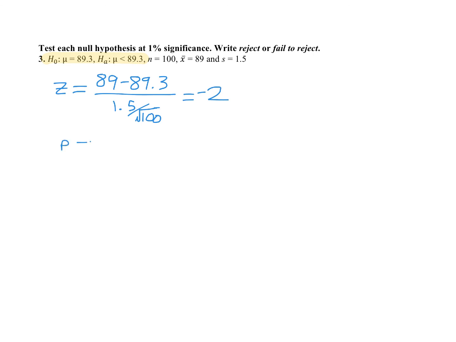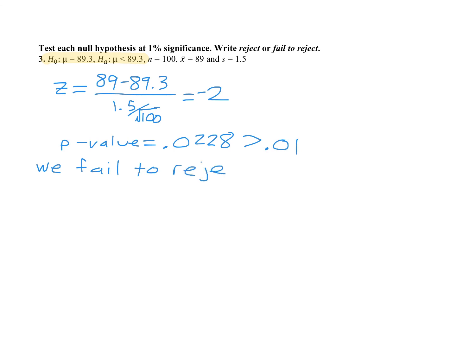The p-value is 0.0228. Now that is slightly greater than our significance level. All right, so if the p-value is large, you fail to reject HO. And whenever you fail to reject, there is not enough evidence.